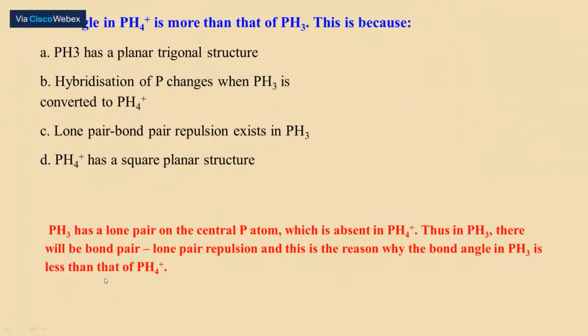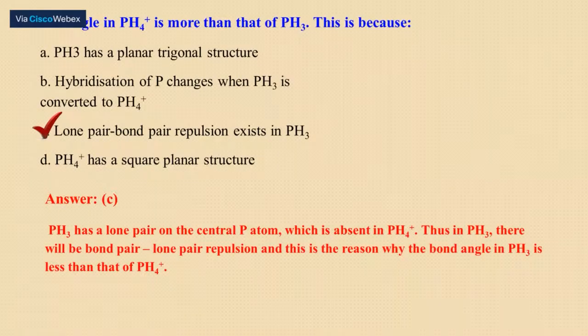To avoid the repulsion, the bonds are bent a little bit, and hence the bond angle gets reduced in the case of PH3. So what is the correct answer? The correct answer is lone pair bond pair repulsion exists in PH3. So this is the correct answer.